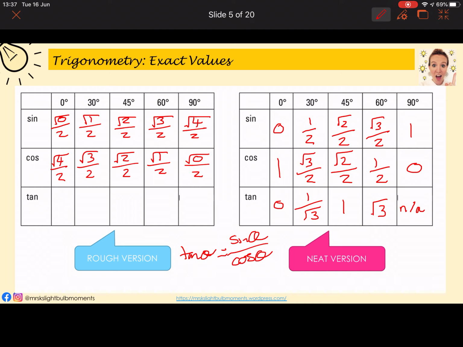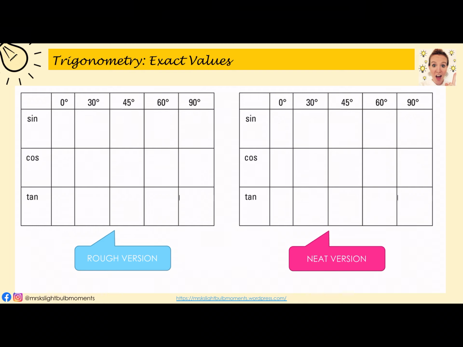All right? Now I'd like you to have a go. So I'm just going to give you 10 seconds. Look at my method. Look at that tan line. And then I'm going to change the screen and you're going to try and copy it down. So I hope you've got pen and paper ready. 10 seconds. Right. Your go.